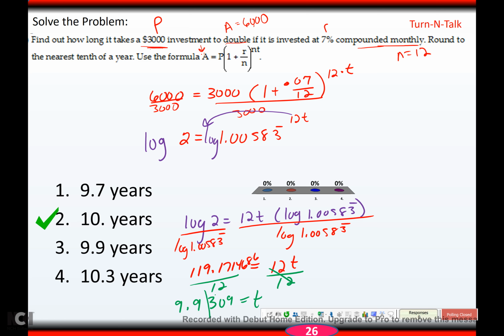If I round to the nearest tenth, that's going to be 9.9 years. My bad. That's wrong. Again, unless I rounded funny. If I rounded funny, it could affect your answer. Man, that 9.9 and 10.0, that's really close. That's not a good idea for a multiple choice answer.